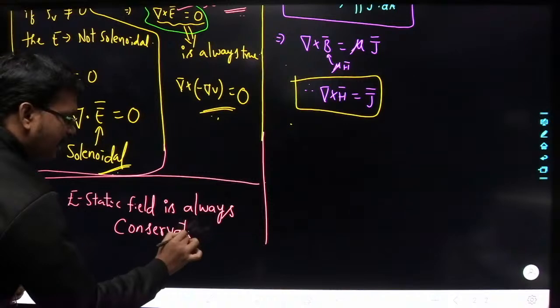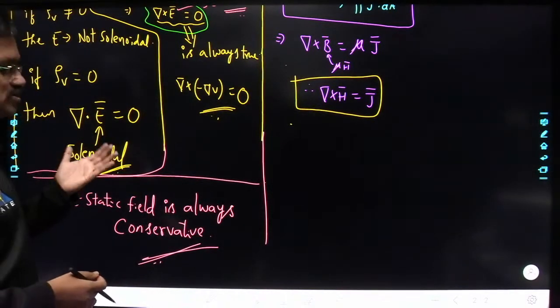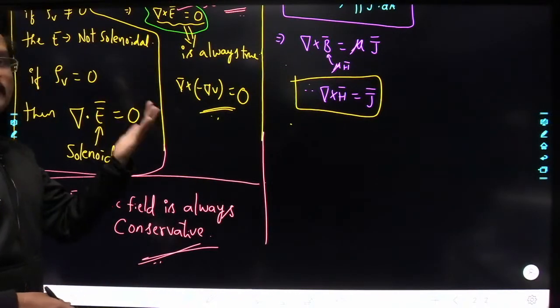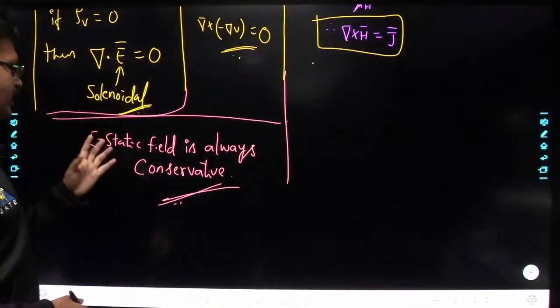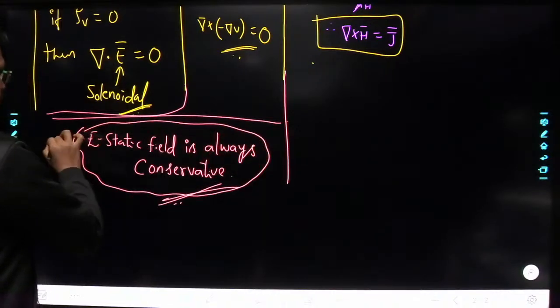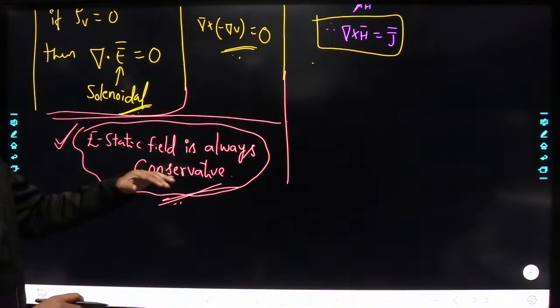But we cannot guarantee anything about solenoidal. It may be solenoidal or it may not be solenoidal, depending upon rho v. Understood? But what we can guarantee is that the electrostatic field is always conservative. This is the conclusion we can make.